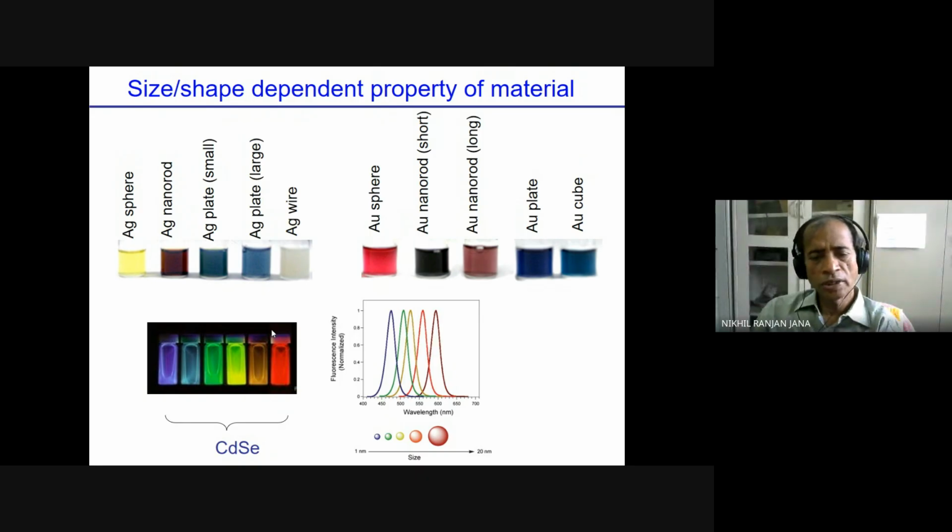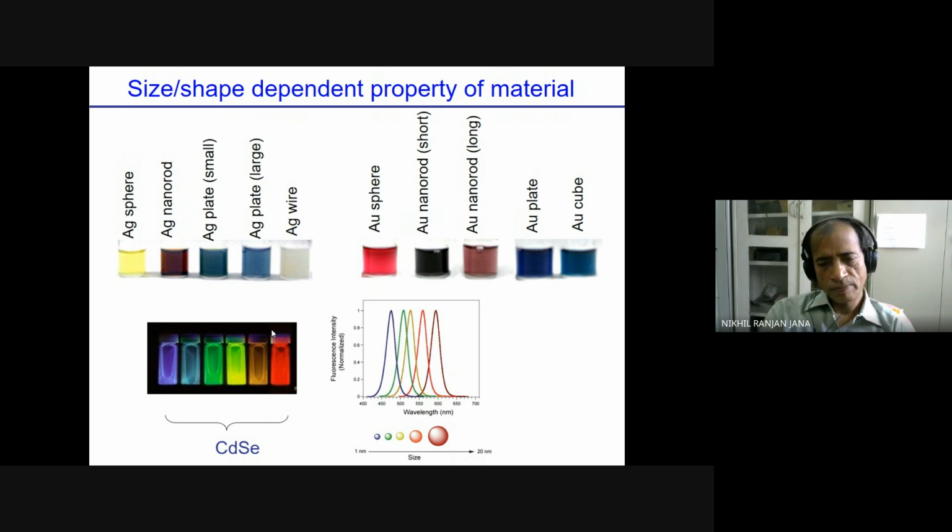The bottom one is cadmium selenide. It's a quantum dot, semiconductor nanoparticle. And just by varying the size between 1 to 6 nanometers, 1, 2, 3, 4, 5, 6, with every nanometer change, you will get a different emission color.